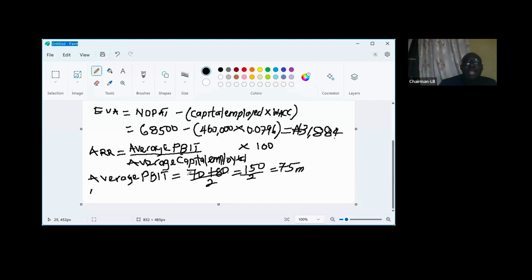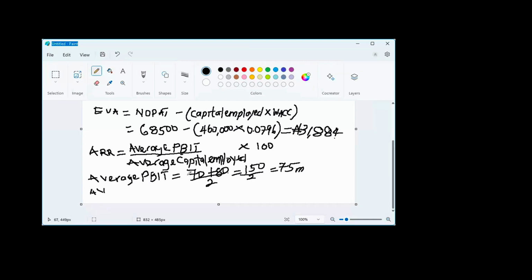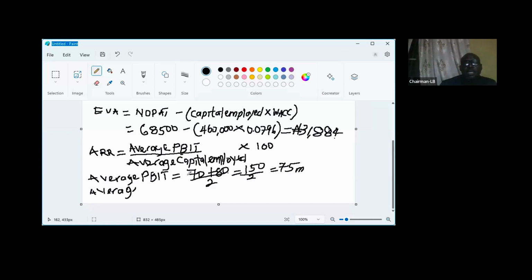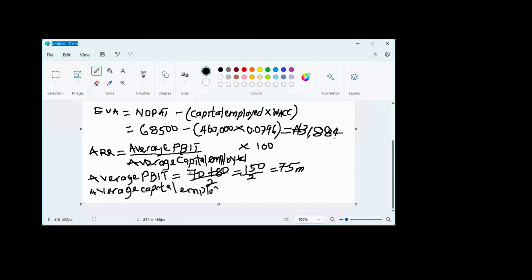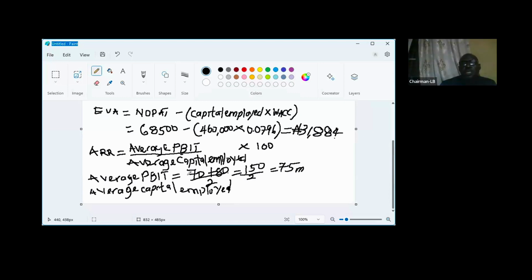Your average capital employed is equal to, you don't make any adjustment.